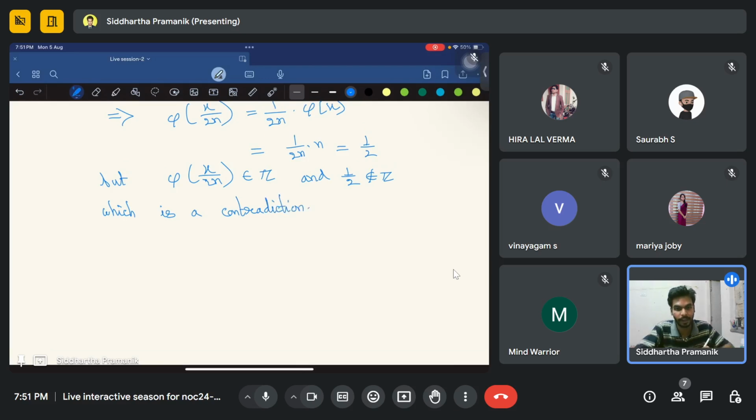So that means there cannot be any non-trivial group homomorphism.